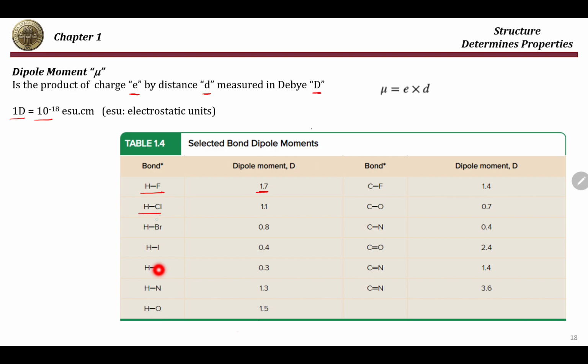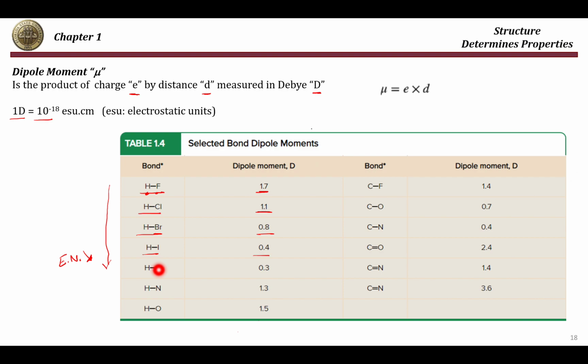For HCl, because chlorine is less electronegative than fluorine, the bond will be less polar, so the dipole moment will be less. Even less for hydrogen bromide or hydrogen iodide, because as we are going down from F to I, electronegativity is decreasing. So the electronegativity difference between hydrogen and the other element is decreasing, and that's why the bond polarity is decreasing.